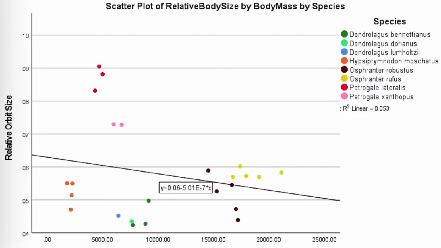This was particularly noticeable in the wallabies, Petrogale lateralis and Petrogale xanthopus, the black-flanked rock wallaby and the yellow-footed rock wallaby. They both have particularly high eye size in relation to body size, which was possibly associated to predation.